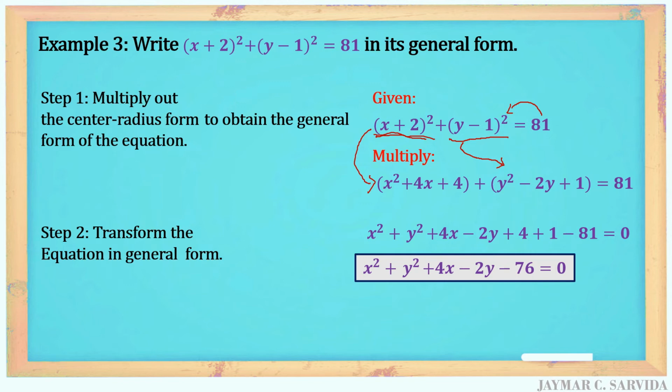So the final result is x squared plus y squared plus 4x minus 2y minus 76 equals 0. So this is now the general equation, the general form of this equation.